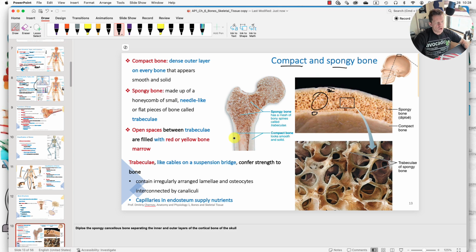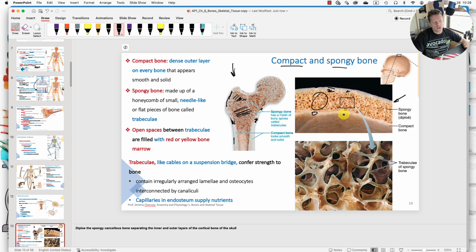If you look right here, you have a compact bone, then a spongy bone, and then a compact bone. This is the femur of your thigh. This also represents one of the cranial bones, let's say the parietal bone on the side, or temporal bone, or the frontal bone, or the occipital bone.